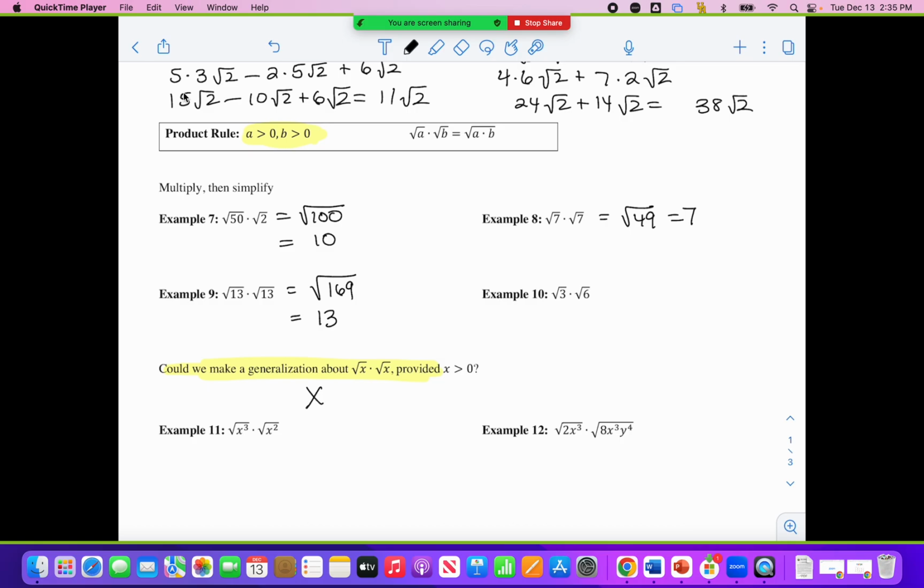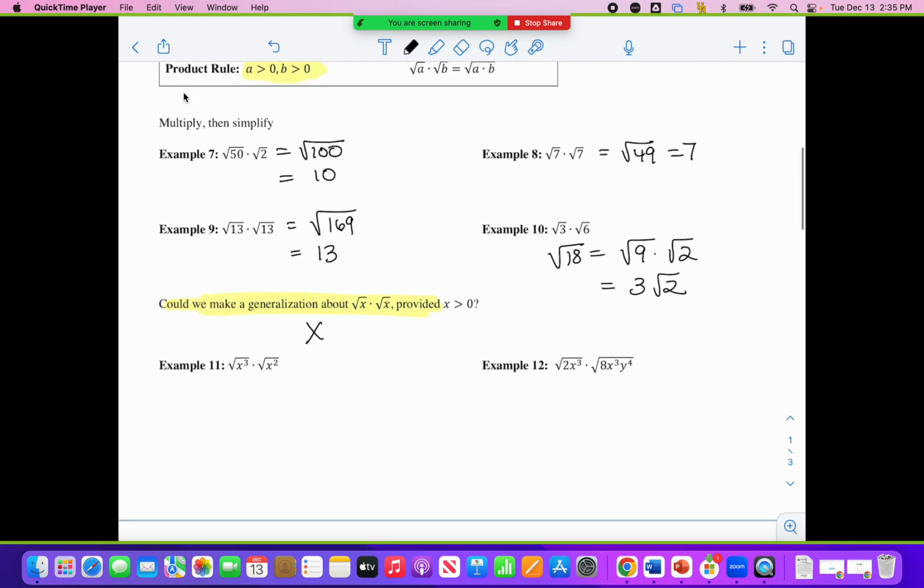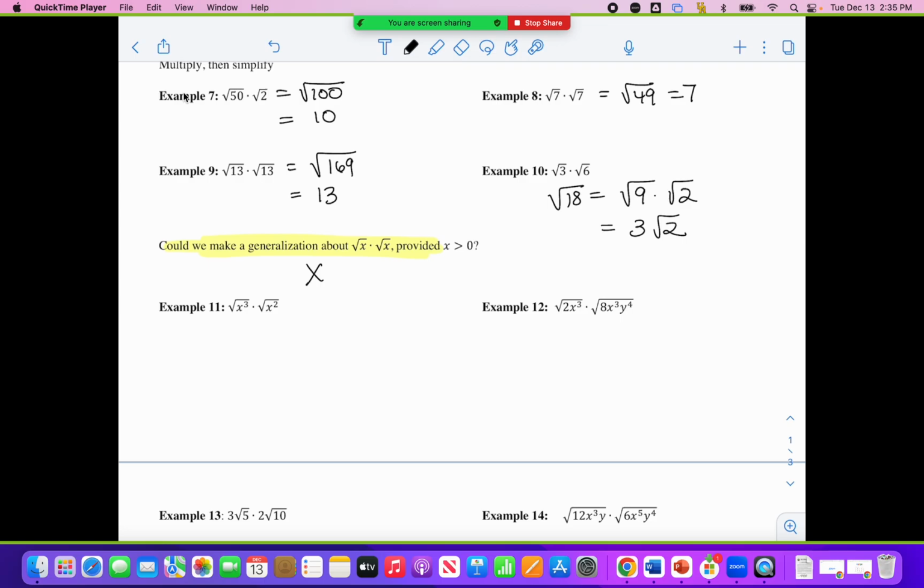All right, now let's go on to example 10. I have the square root of 18. That's the square root of 9 times the square root of 2, which is 3 square root 2. Well, the product rule works for variables as long as the variables represent positive numbers.